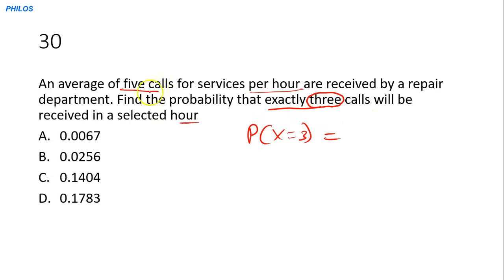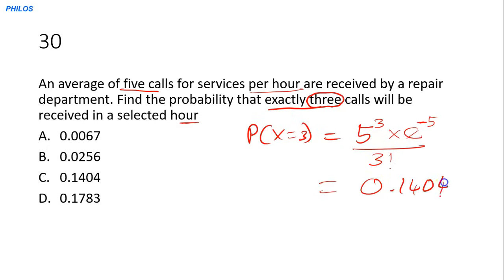And our mean is 5, isn't it? So, 5 exponent x, which is 3, times e exponent negative mean, negative 5, over x factorial. So if you put this on your calculator, you get 0.1404. So the correct answer for question 30 is C. So let's proceed to the next question.